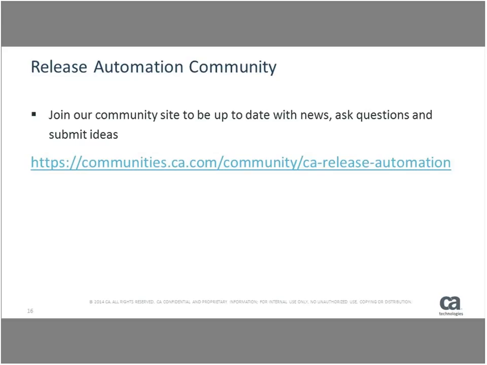This is where you can be up to date with everything that is going on within the Release Automation domain. And this is where you can submit ideas that later on can be turned into new features in the product. So I would like to invite you, and I would like you to invite your colleagues, to our community so they can be part of our RA family as well.